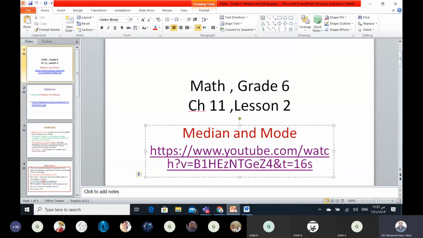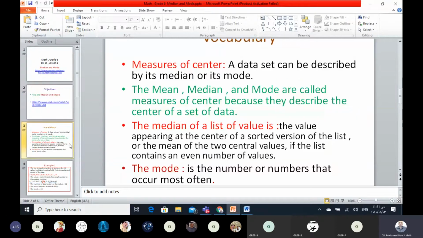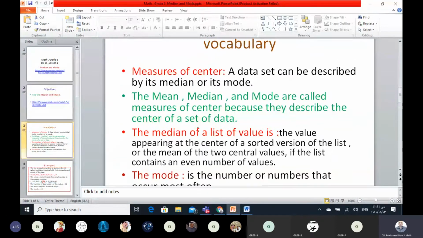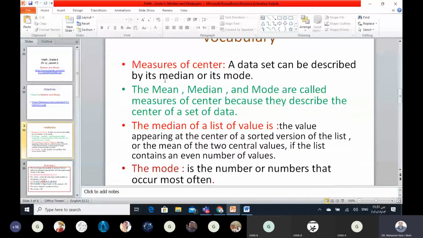So this is the meaning of the median and the mode. So today we want to revise the median and the mode. Measures of center. What's the meaning of measures of center? A data set can be described by its median or its mode.